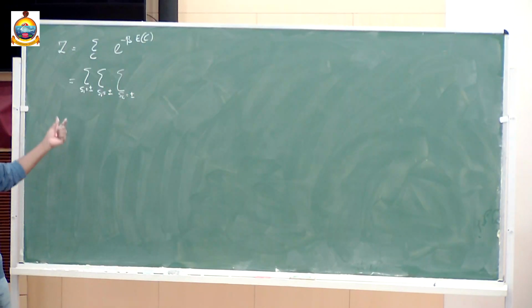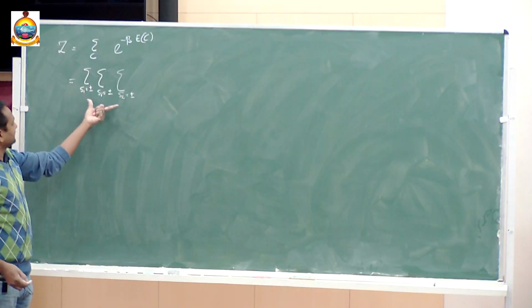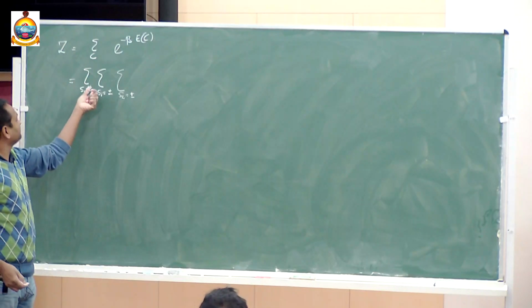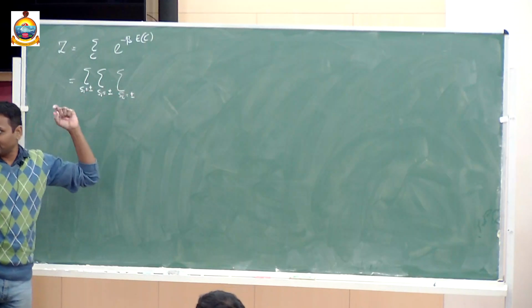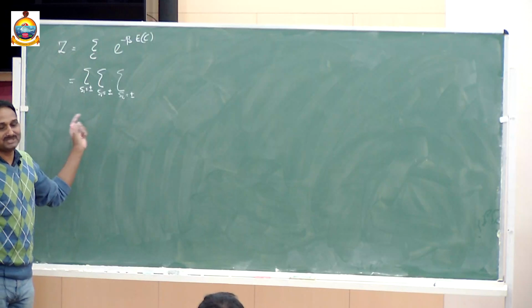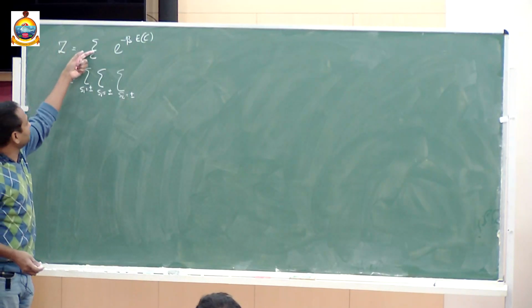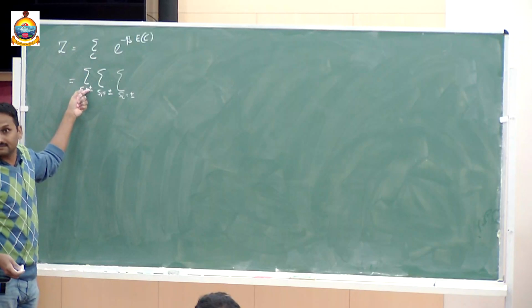The number of configurations is 2 to the power L. If you take plus, plus, plus, plus, that is one term, plus, plus, minus is another term, minus, minus, minus is another. So this is all configurations, right? You agree with this.